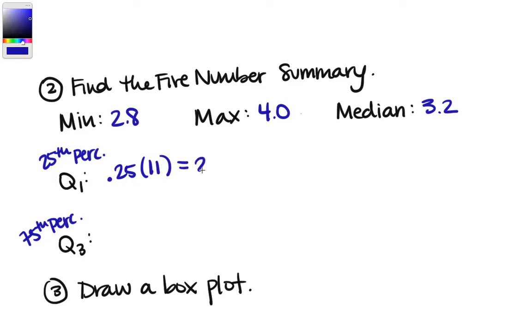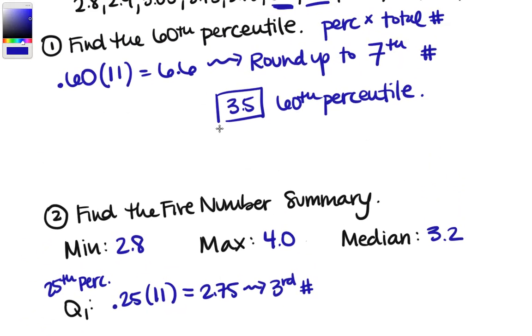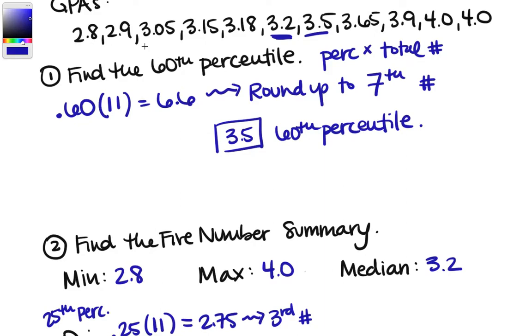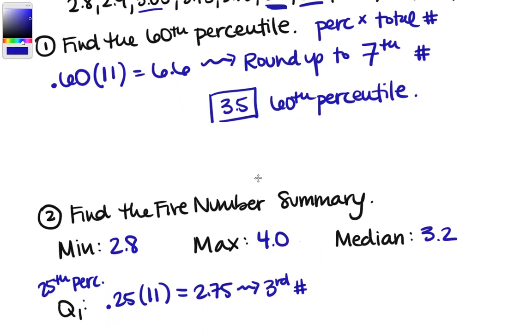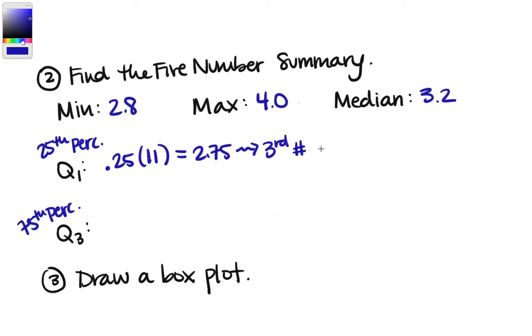When we multiply that, we get 2.75, which we round up to 3. So we want the third number in our list, which is 3.05. That is Q1.